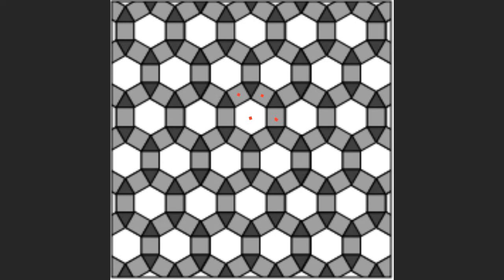Okay. Technically, you don't even have to do this step. If you know what you're doing, you can just start connecting the centers. You can just kind of eyeball it, but it is easier to eyeball these things if you mark the centers.